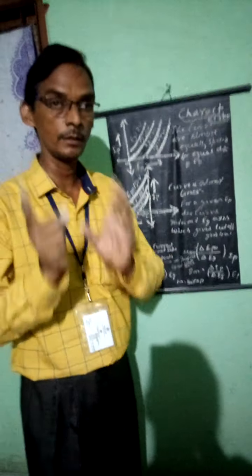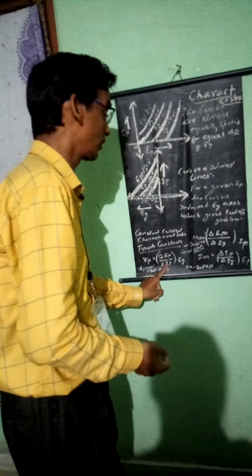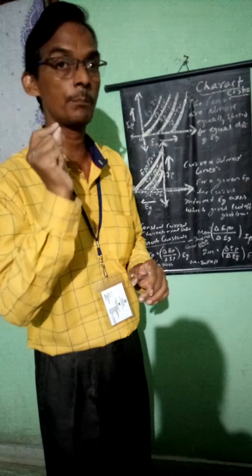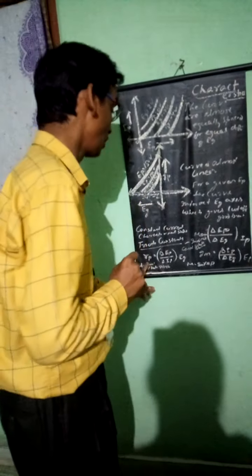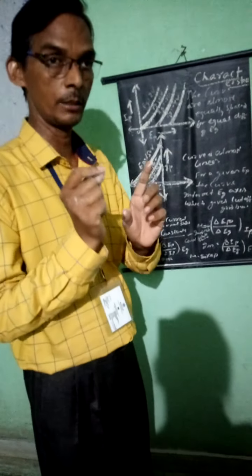The ratio of the incremental plate voltage to the incremental plate current, keeping the grid potential constant, gives you the dynamic plate resistance, referred to as small rp. The dynamic plate resistance is one of the parameters of the triode.